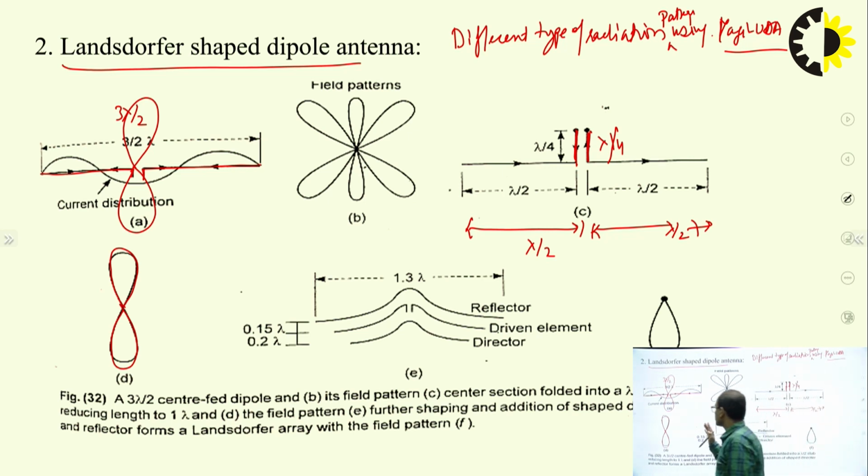So the radiation pattern of this folded dipole antenna is this one, not this one. This is the radiation pattern of this antenna when the length is reduced in one particular direction, that is in the lambda by 2. Clear? And this radiation pattern has an overall length of 3 by 2 lambda. This is having a radiation pattern like this one.